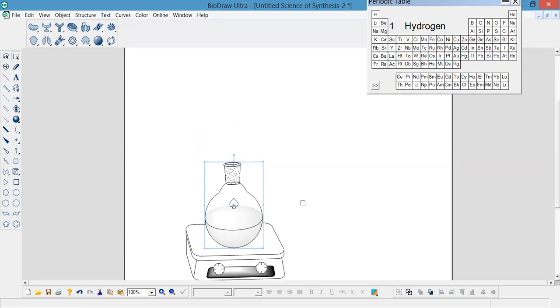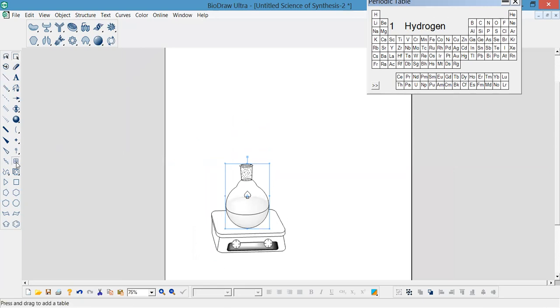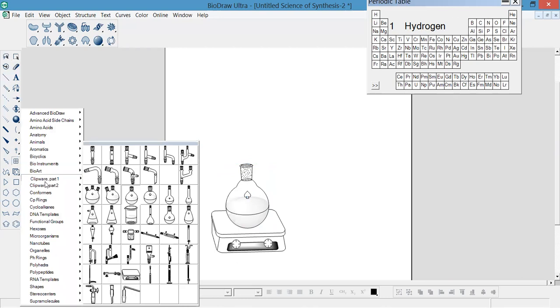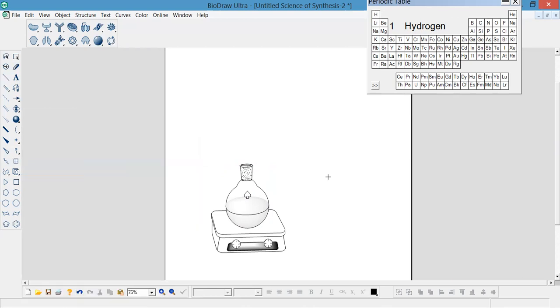Now to this add a two-headed coupling system, like this.